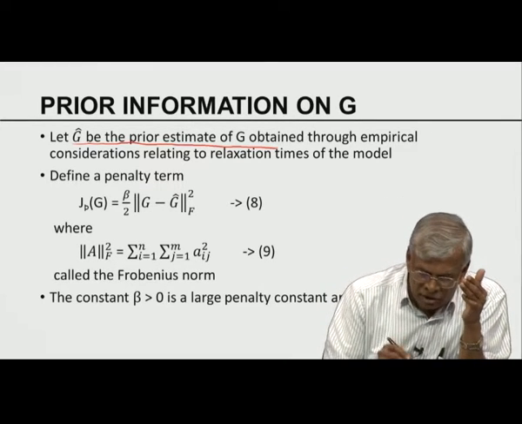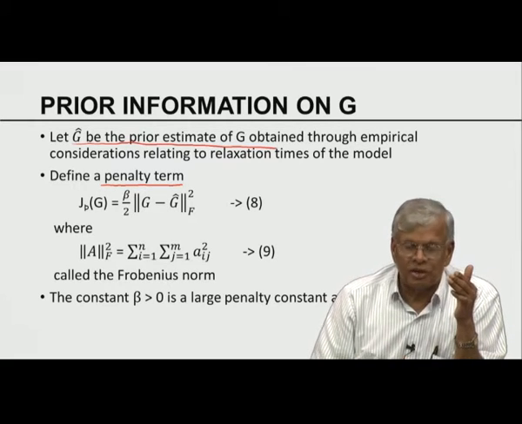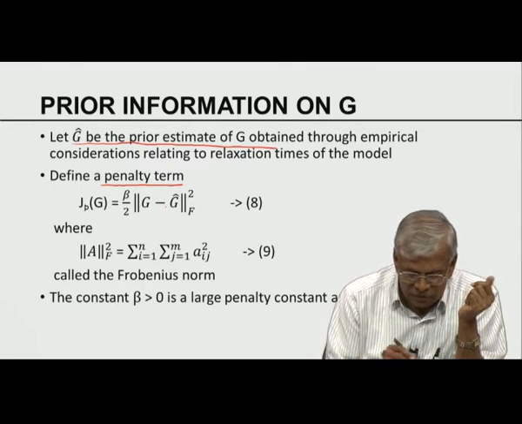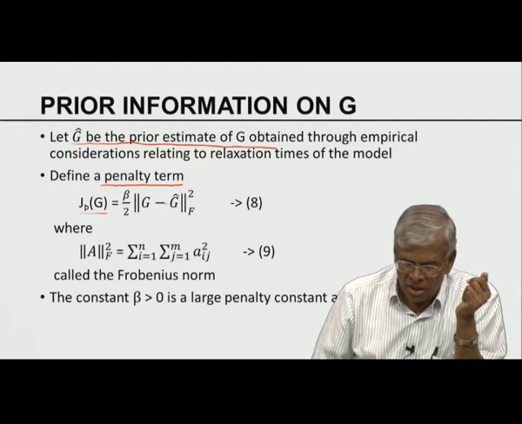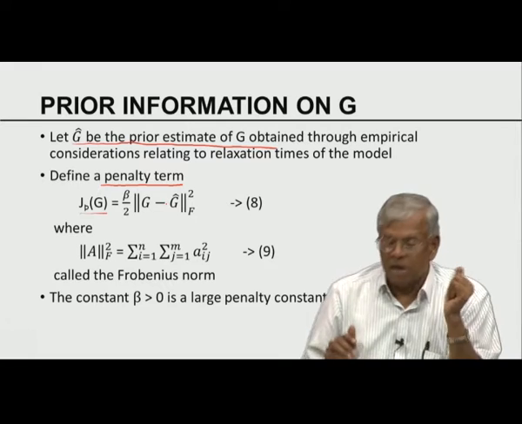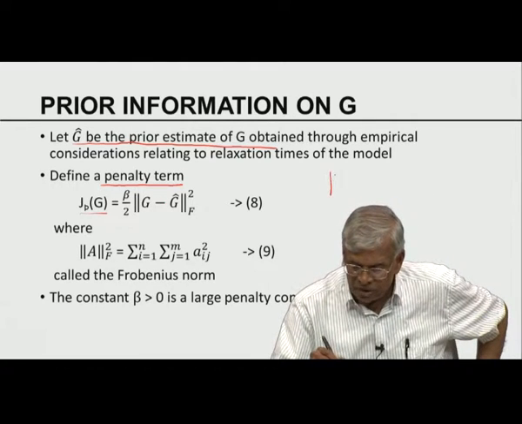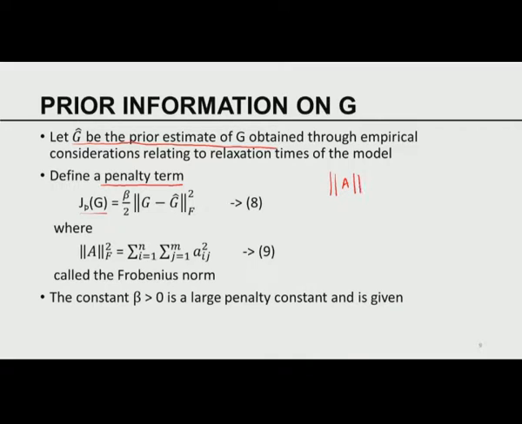The prior term gives rise to what is called a penalty term. The penalty term is as follows: J penalty of G is beta over 2 times the square of the Frobenius norm of G minus G hat. You may recall from our module on matrices, the Frobenius norm by definition is the sum of a_ij squared, where the sum is over i and j.